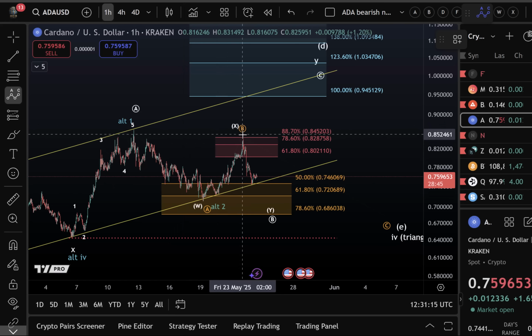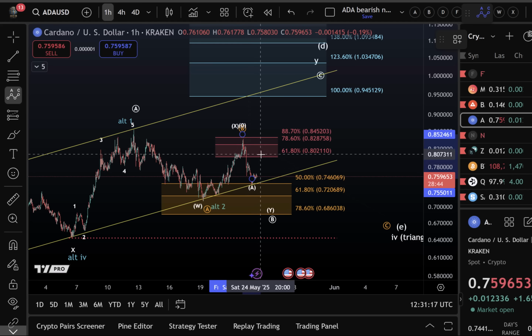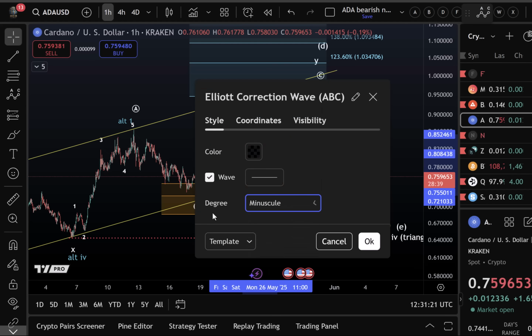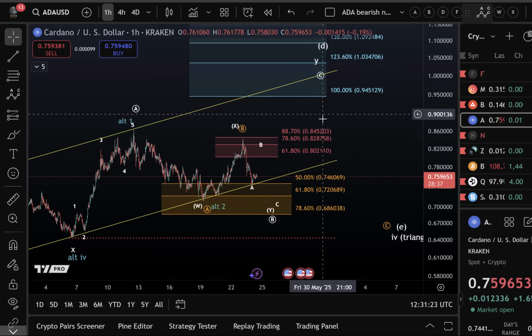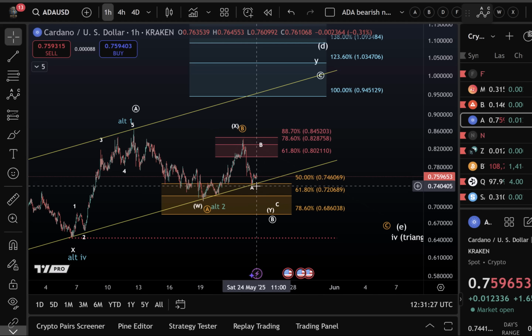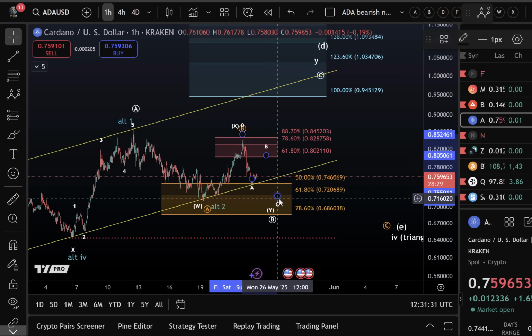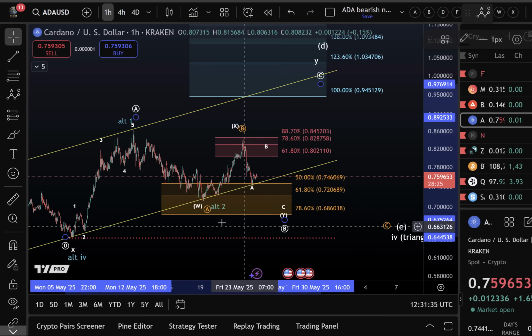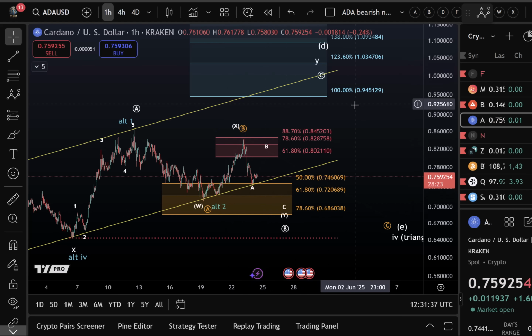So this is just one scenario in which in the white count, the price could still grind higher. The problem I have is this 5-wave decline. So that means we're rather looking for lower in the near term, like I am on the Bitcoin chart as well. But we might just need here maybe another BC pattern to complete wave Y of circle wave B. So basically it's just doing a reset.